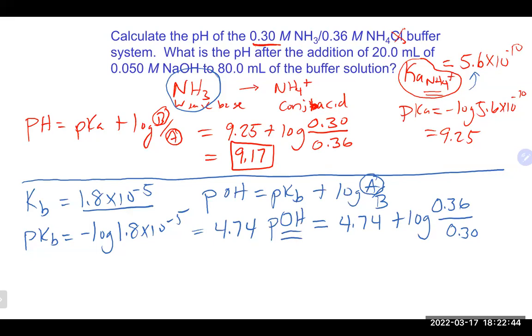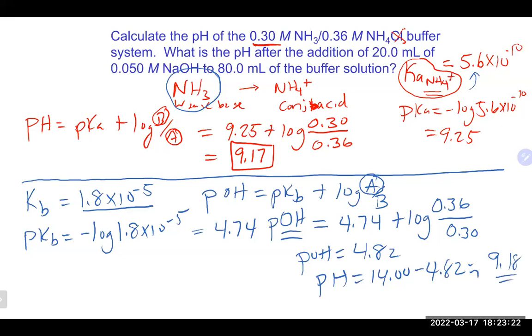And when you do that, 0.36 divided by 0.3, a little log, and a little 4.74, it's going to give us like a 4.82, we'll call it, on the pOH, which again, as I said before, then you've got to subtract it from 14 to get yourself to the pH, which in this case would give you like a 9.18.